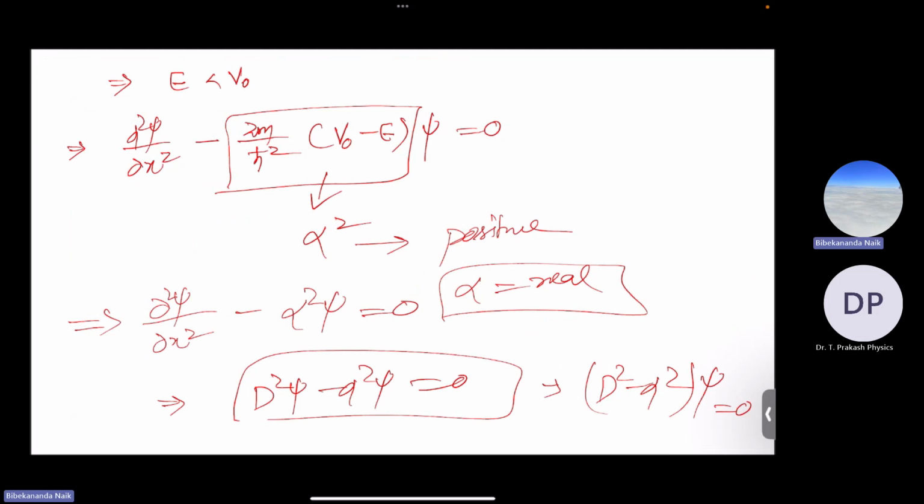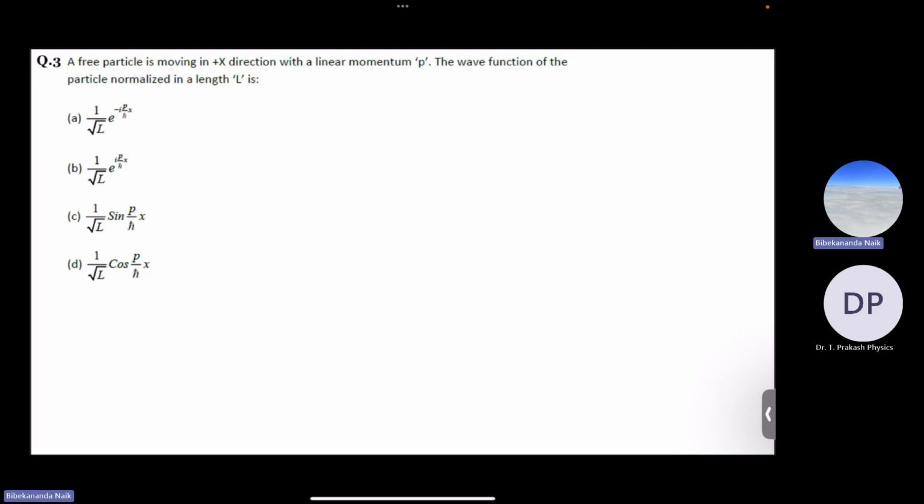Okay, so we'll go to our next question. The question says a free particle is moving in the plus x direction with a linear momentum p. The wave function of the particle normalized in a length L is: 1 by root L e to the power i p by h cross x, 1 by root L e to the power minus i p by h cross x, 1 by root L sin p by h cross x, or 1 by root L cos p by h cross x.